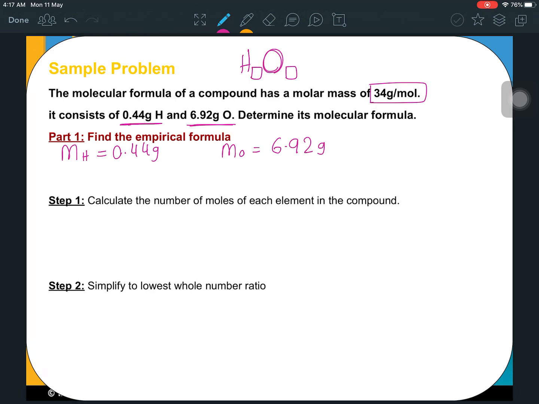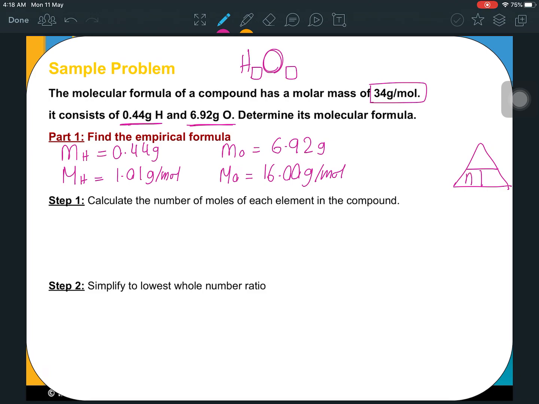If I look at my periodic table, I can find that the molar mass of hydrogen is 1.01 grams per mole, and the molar mass of oxygen is 16.00 grams per mole.